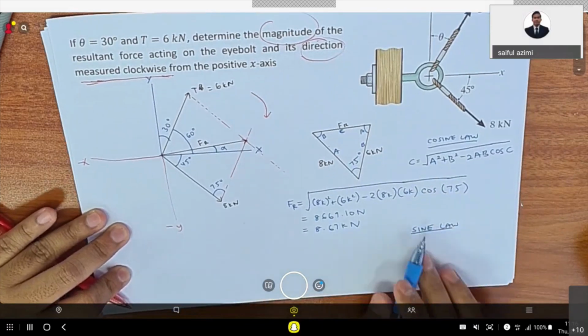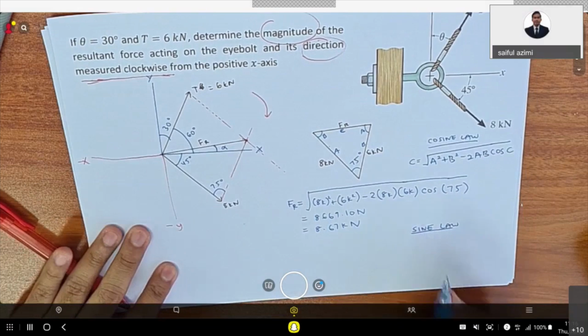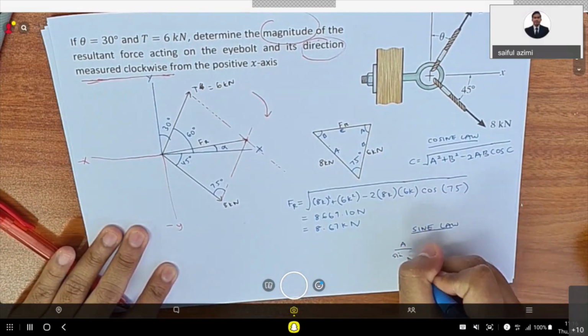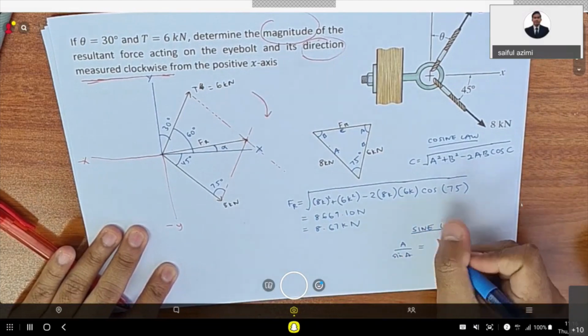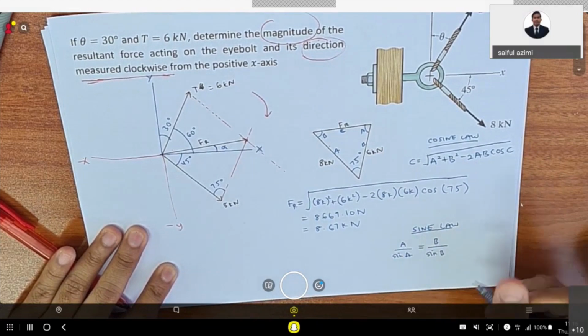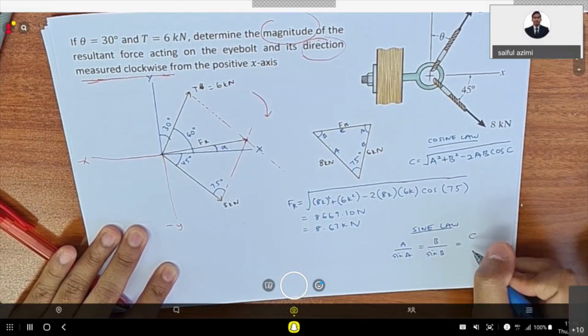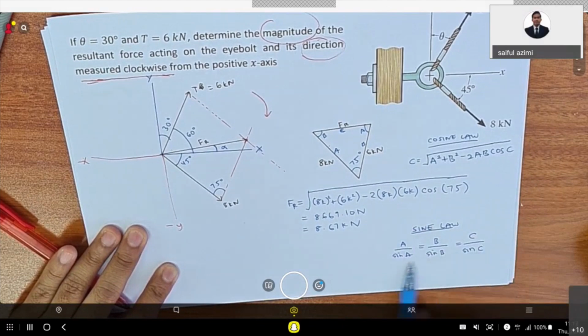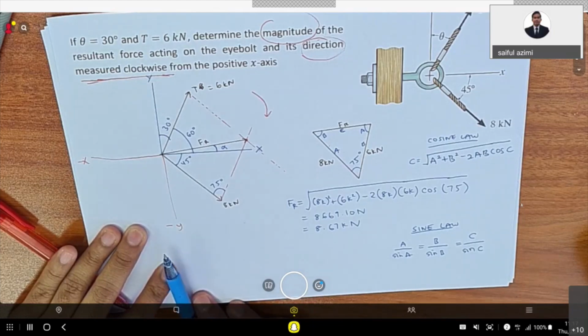You can see here, for the sine law, A over sine A equals B over sine B equals C over sine C. From here, you can find your angle because you already got your angles previously.